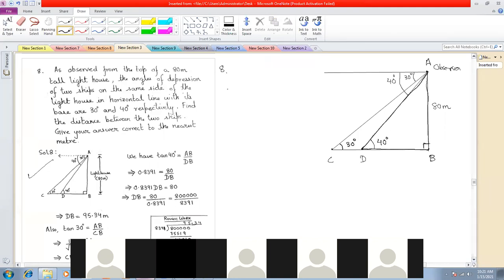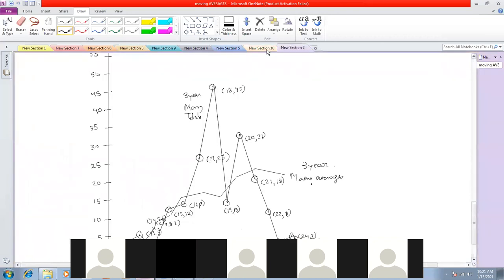Okay, so we have tan 40 is equal to AB by BD. And tan 40, you have to look up the tables. Let's see if I have the tables ready.